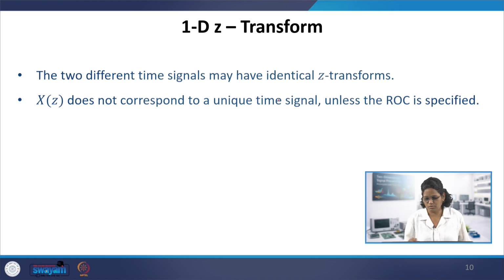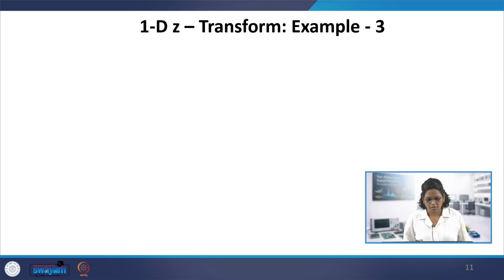Unless the ROC is specified, so the ROC needs to be specified with X of z so that the inverse z transform can give the unique time domain signal x of n. So it is mandatory to specify the ROC when we give the z transform, since the z transform alone is not unique for the time signal. Different time signals can have the same z transform.